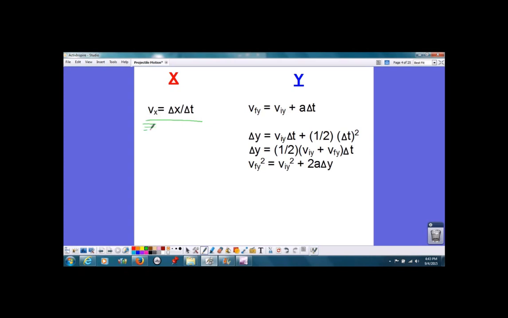That's to denote that this is the x direction velocity. Similarly, these have y's to denote that they are the y direction velocity. In the y direction, we have significantly more equations. That's because in the y direction, there is acceleration, and that acceleration is due to gravity. So we even know the value of that will be negative 9.81. We also will have a velocity that's changing, so we'll have a final and initial. So you notice the y direction is more complex than the x direction.